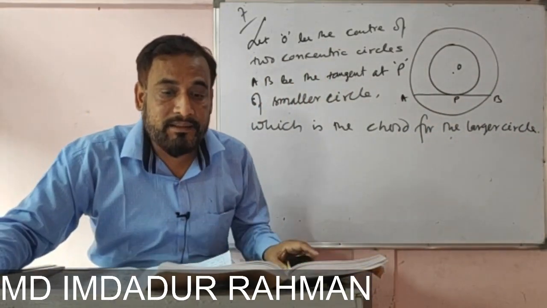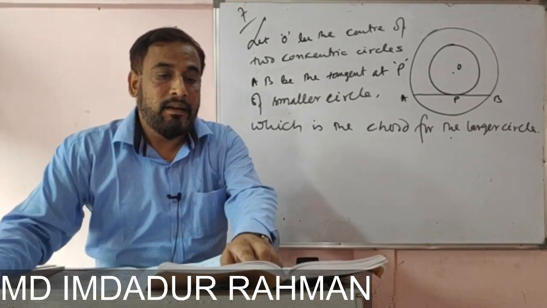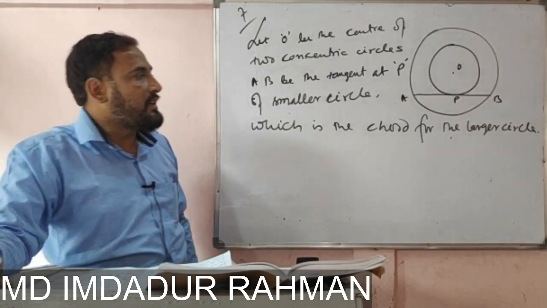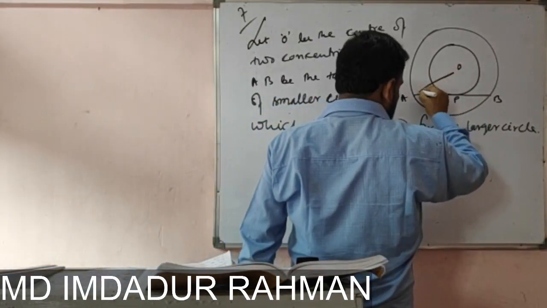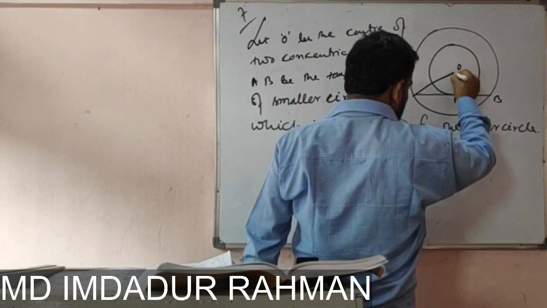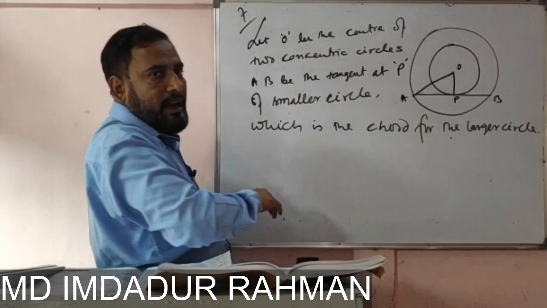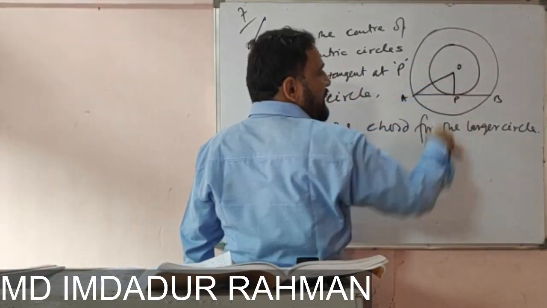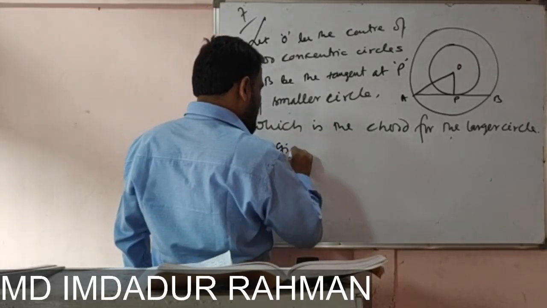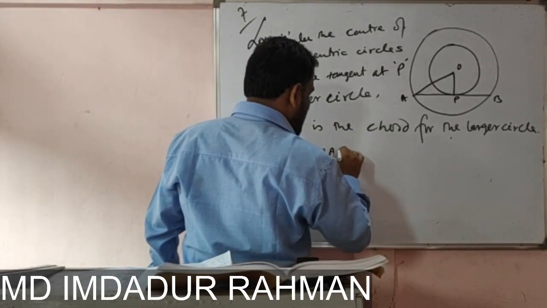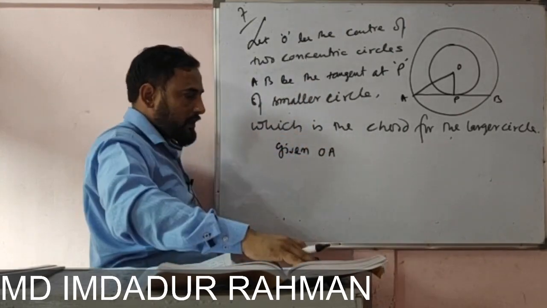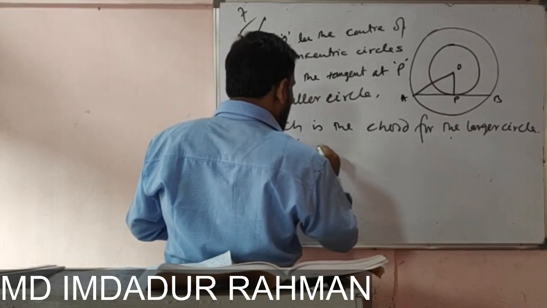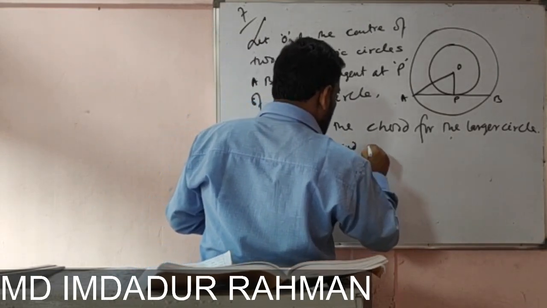So now what is given? Given radii of two circles are 5 cm and 3 cm. If we join OA and OP, then OA will be the radius of the larger circle and OP will be the radius of the smaller circle.